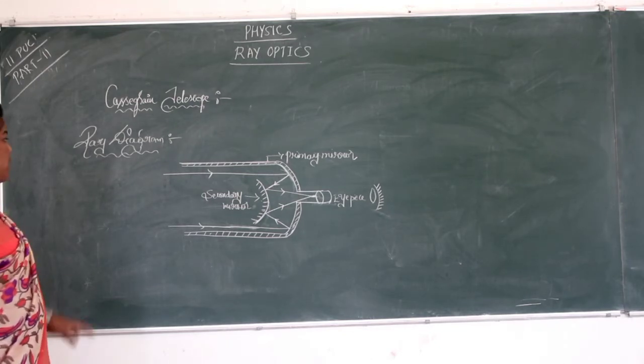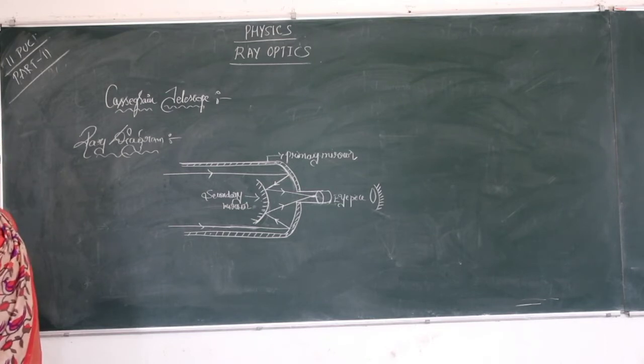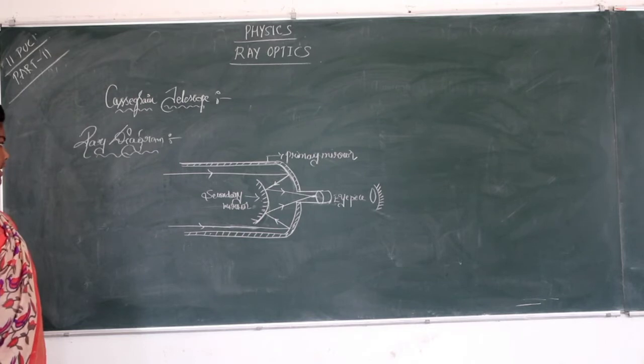In the working principle, when a parallel beam of light rays falls on the large concave primary mirror, it reflects and converges on the secondary mirror placed at the principal focus of the primary mirror.